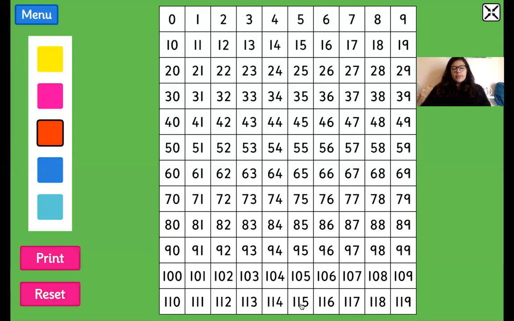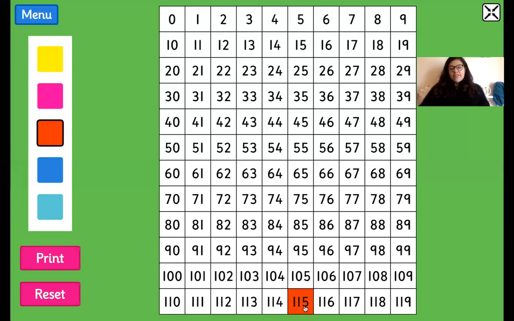Let's give another example. If I click on this number and were to ask you, what is this number? Well, you might have trouble saying what the whole number is right away, but just look at the last 2 digits. That's 15. You know that. And there's just a 1 in front of it, which makes it 115.